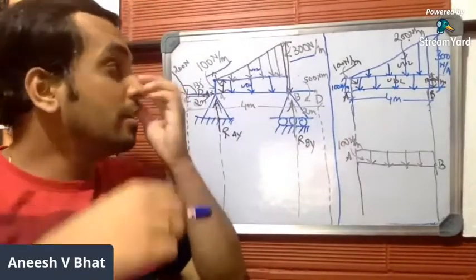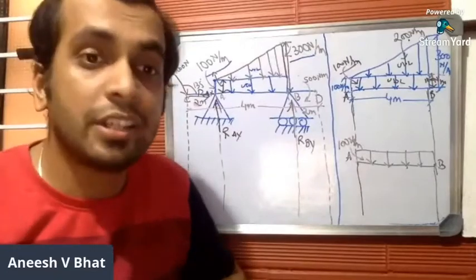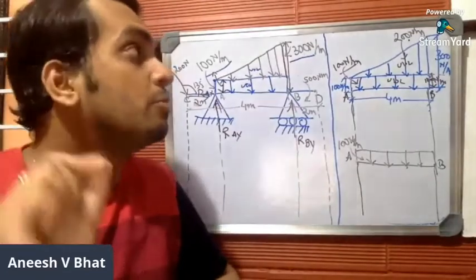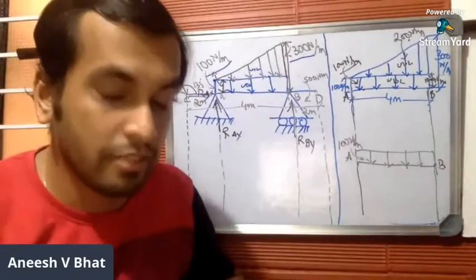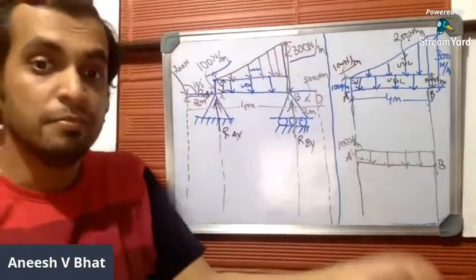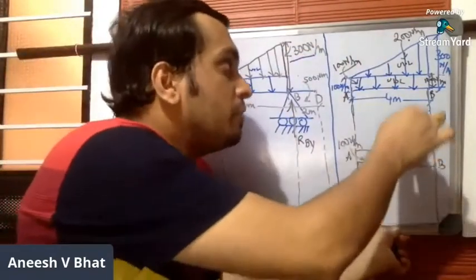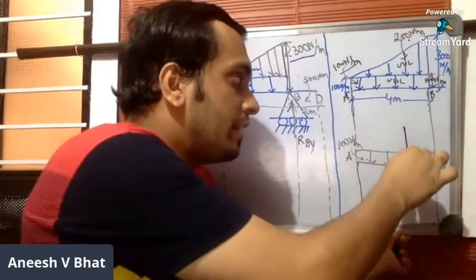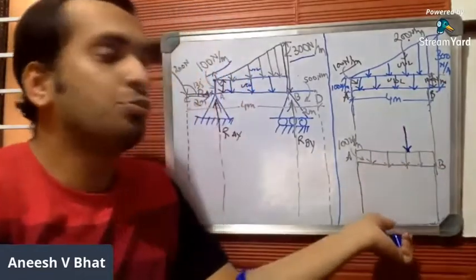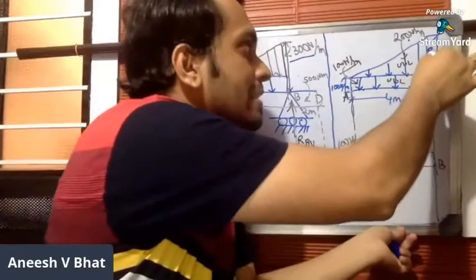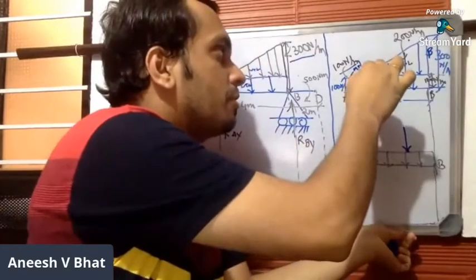Now let me convert UVL, the upper part, which has a rate of load distribution of 200 Newton per meter, which is uniformly varying. It's in the form of a triangle. Now the point load that you convert back from UVL will act at a distance of 1/3 from the base and 2/3 from the apex. So this is the base and this is the apex.